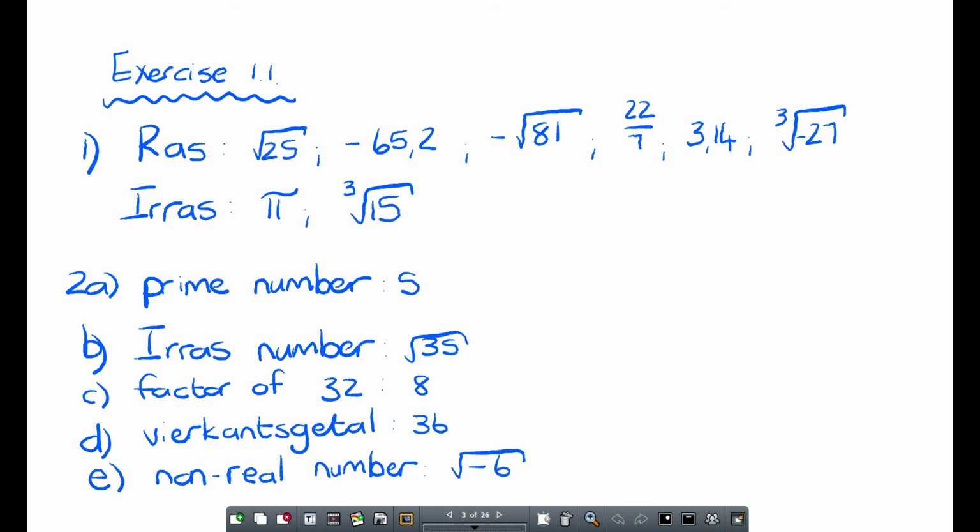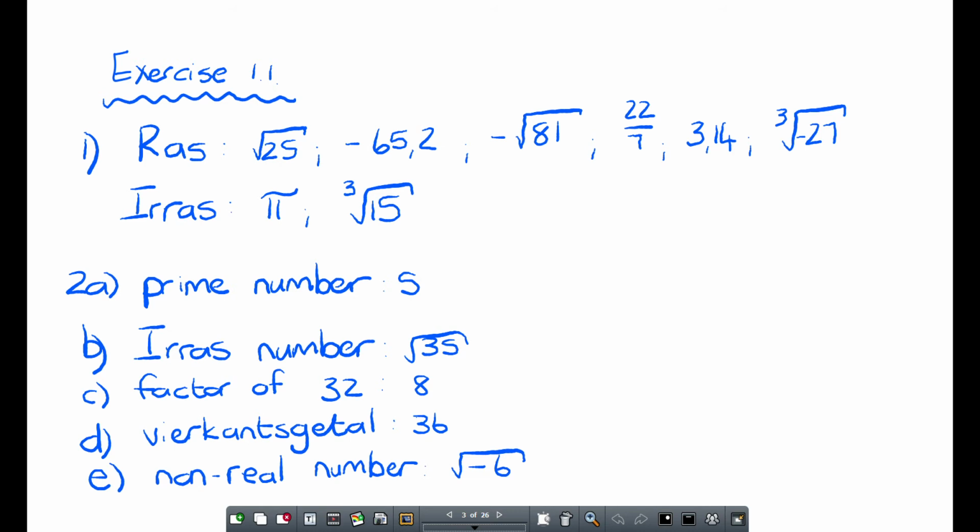Okay, so number 2. They said, given the list of numbers, write down a prime number. Before we do that, let's quickly go back and say, what are prime numbers? You've got to think back to grade 8. A prime number is a number that only has 2 factors: 1 and itself.